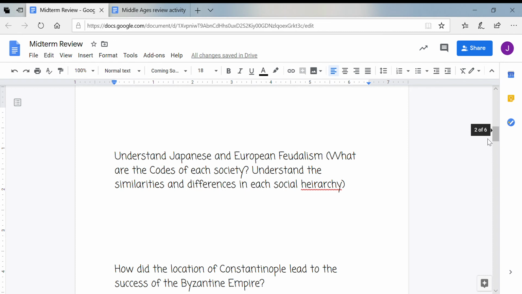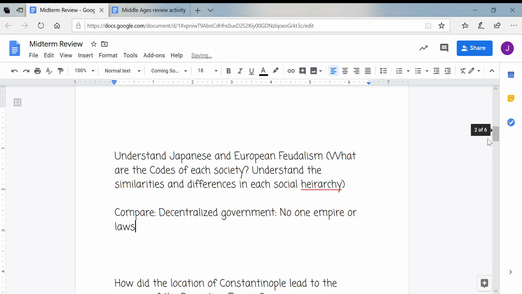So what you have to know is that both had, so to compare, both had a decentralized government. And what that means is there's no one empire or laws everybody follows. Remember the term, there's many kingdoms.